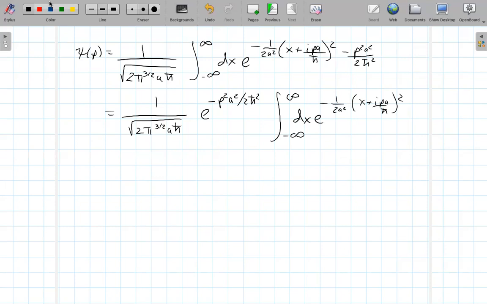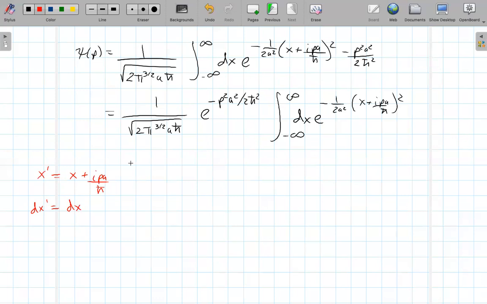Now from here, we're going to define a new x prime, where x prime is equal to the original x plus i p a divided by h bar. The reason we're doing that is that I want to turn all of this into some x prime and not worry about this extra term, because if I take a derivative of both sides, I end up with dx prime simply equal to dx.